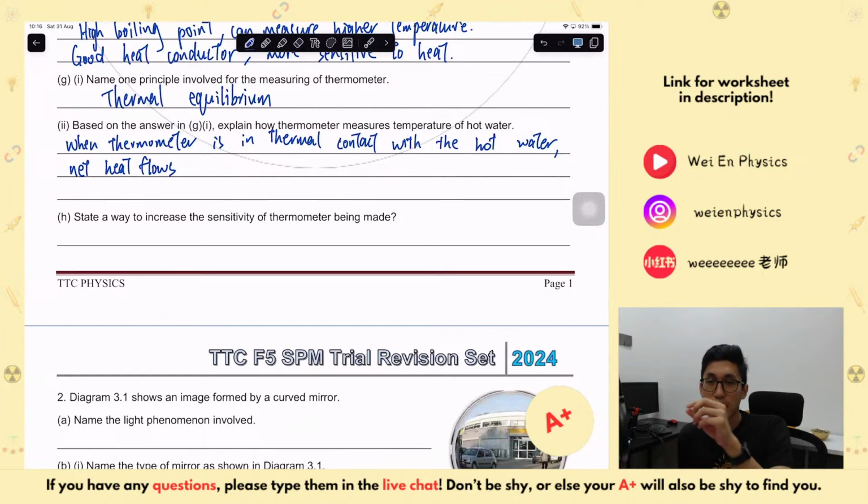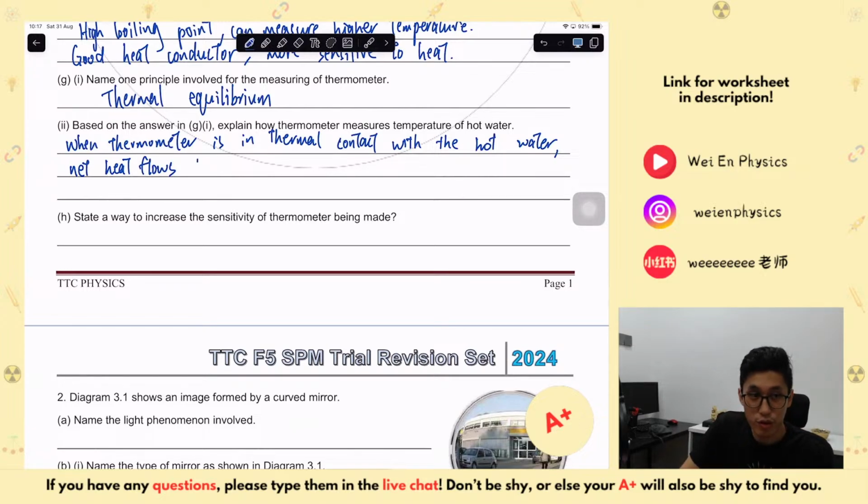So if you say heat flow from hot water to thermometer only, then it's wrong, because heat will also flow from thermometer to hot water. But when we say net heat flow, it means the hot water transfers more heat to the thermometer, and the thermometer transfers very little heat to the hot water. After you minus everything, after you cancel everything, only the hot water will transfer heat to the thermometer. That's the meaning of net.